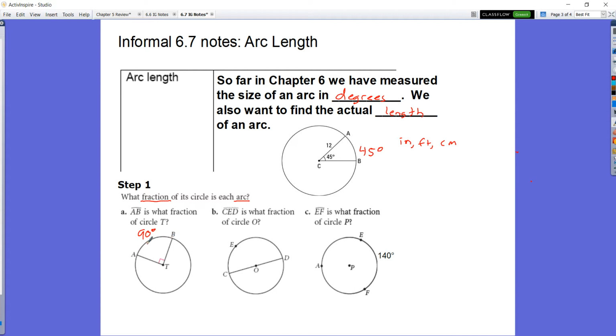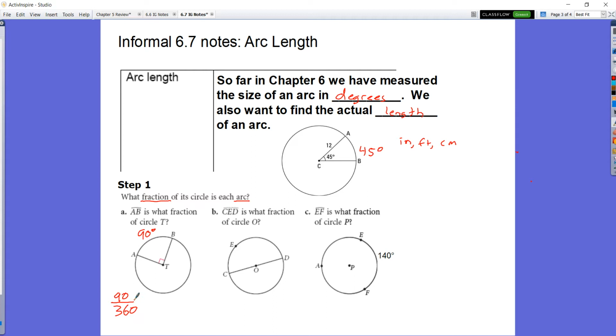Okay, so to make that into a fraction, this arc, 90 degrees, is, out of the entire fraction, 360 degrees. Okay, so there's my initial fraction. 90 degrees for that arc out of the whole entire thing, 360.